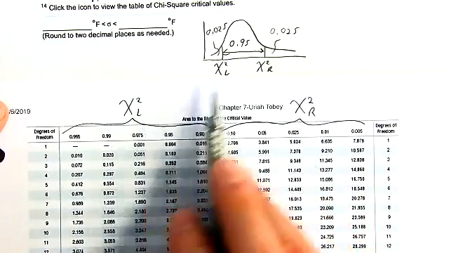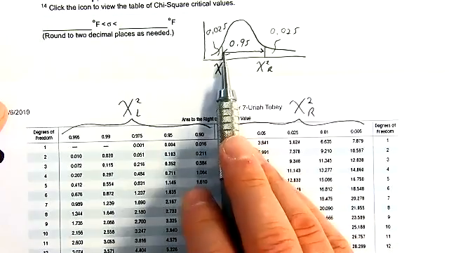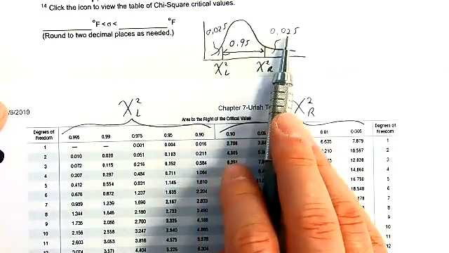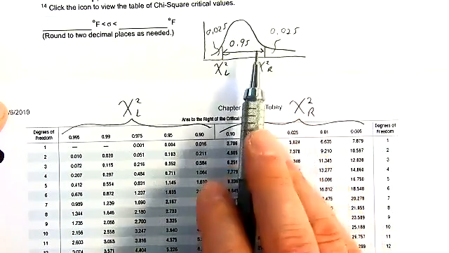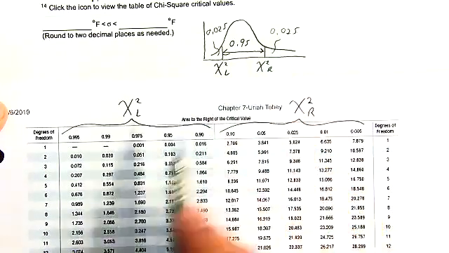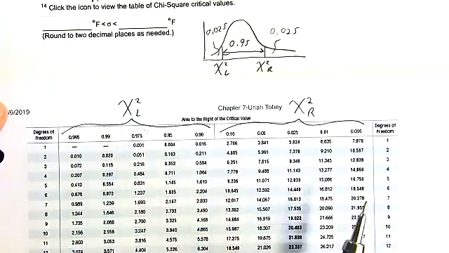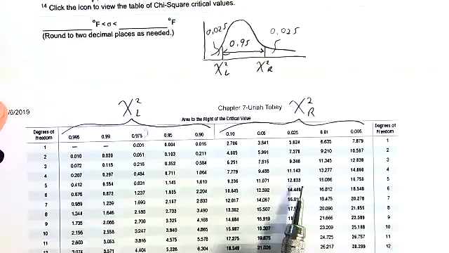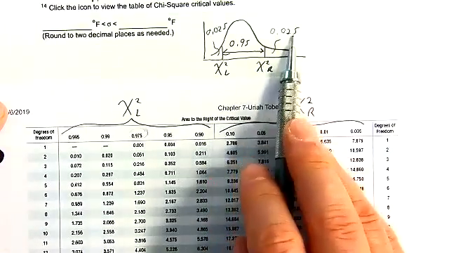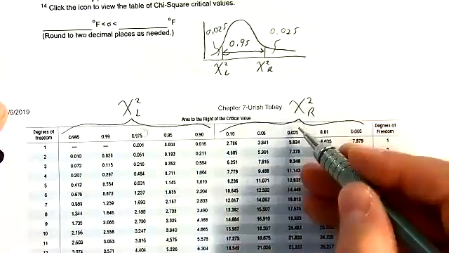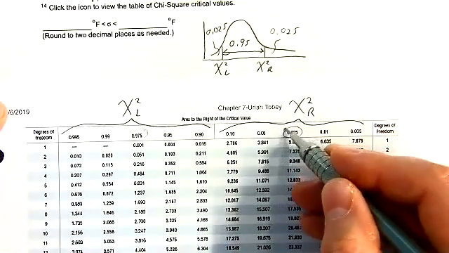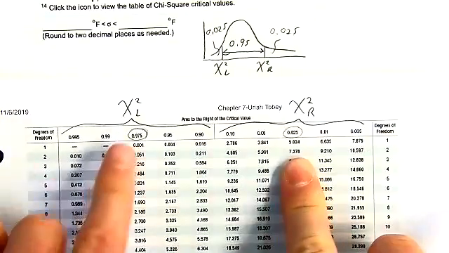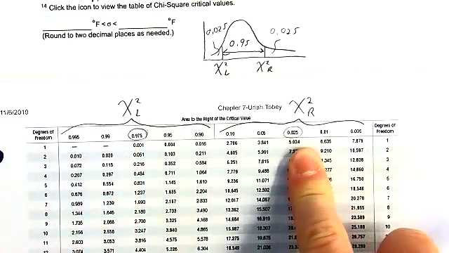Now, for chi-squared left, you have to do a little math here. The area to the right of it is 0.95 plus 0.025, so it's actually 0.975. So it's this column right here, 0.975, right in the middle. Chi-squared right would be equal to alpha over 2, so it would be 0.025 right in the middle. Now you'll notice, if you do this correctly, the columns that you circle will be exactly in the same spot. This one's in the middle, this one's in the middle.